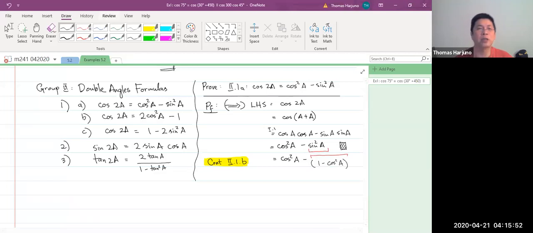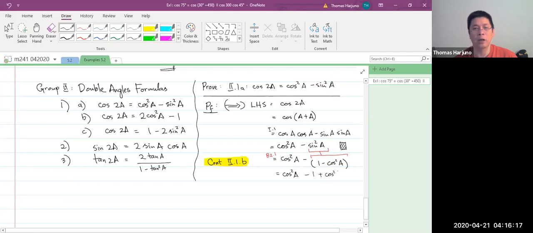You see what I mean? This is basic formulas group number 2, the first formula, the Pythagorean identity. When I distribute the negative, I get cosine squared a minus 1 plus cosine squared a. That is 2 cosine squared a minus 1.